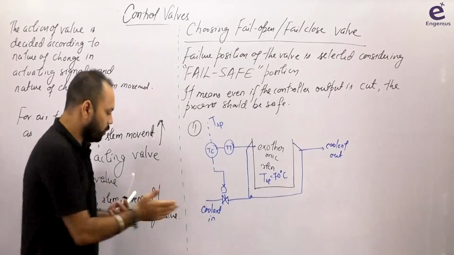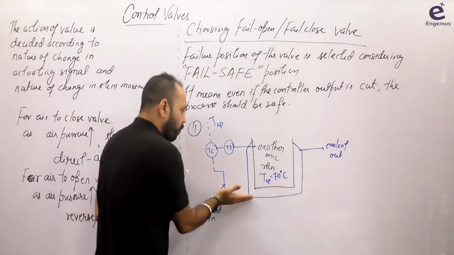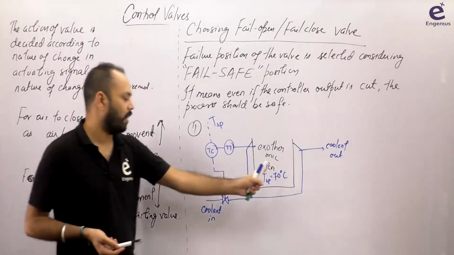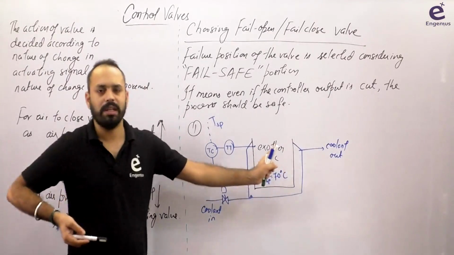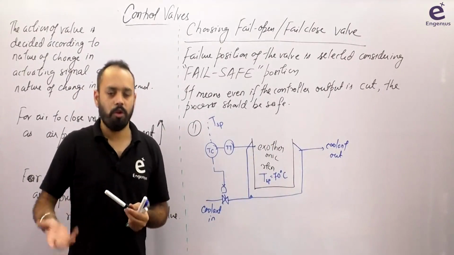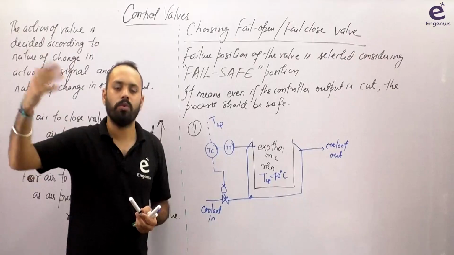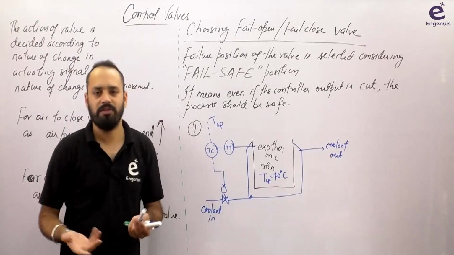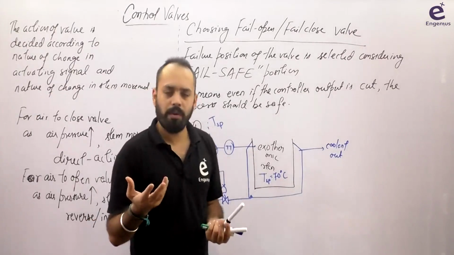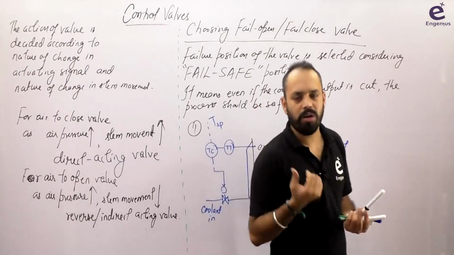In that case, there will be no flow of coolant from here. और अगर coolant flow नहीं करेगा, then there will be an increase in this temperature. We never want an increase in temperature in case of reactions or chemical processes. If you want to maintain the temperature at 500, we don't want it to increase, because an increase in temperature is always harmful. After some temperature, definitely there will be cracks in the body of the reactor.